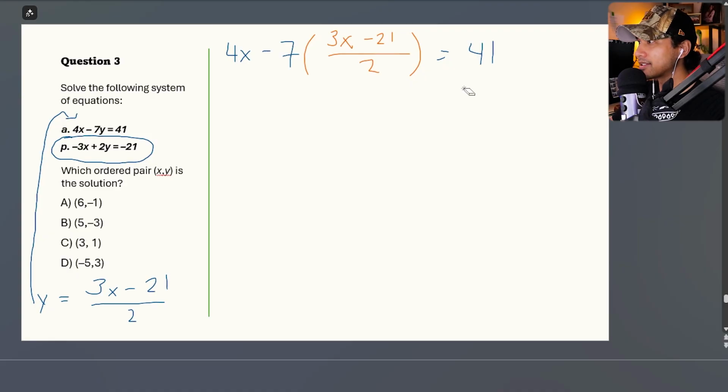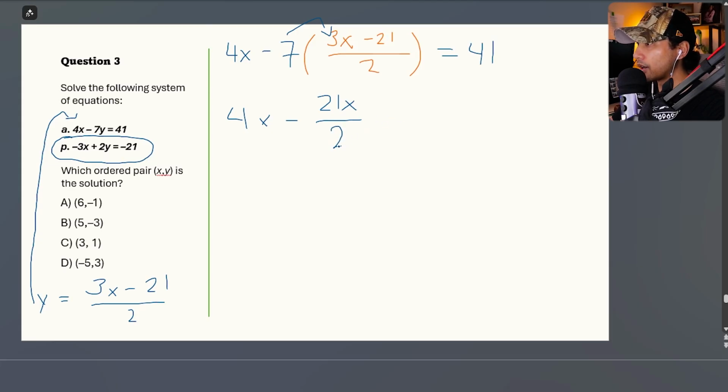Stay with me, guys. I know this is hard. Substitution is a little hard. It's a little tricky. So then we get 4x minus, and what is negative 7 times 3x? That's going to be 21x. And then what's happening is this 2 gets divided into each term up above.